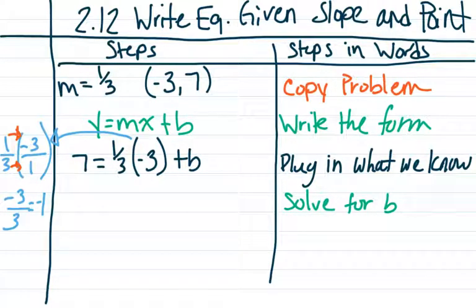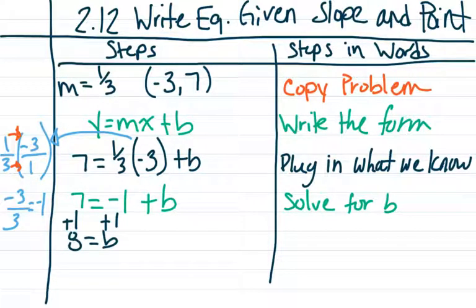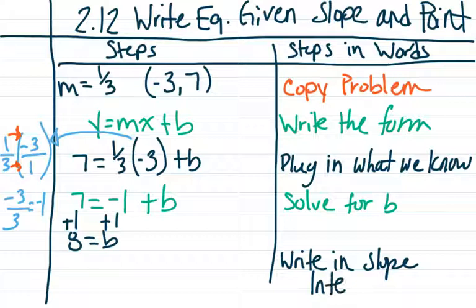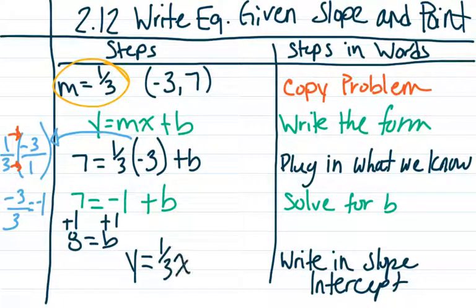So now I'm going to come back in here, and I have 7 equals, and I just proved that 1/3 times -3 is -1, so -1 plus b. And then we're going to add 1 to both sides, and we get 8 equals b. And then we are going to write in slope-intercept, because we always want our final answer in slope-intercept form. So we have y equals, remember our slope is up here, 1/3 x, and then our b, which is what we just found, plus 8.